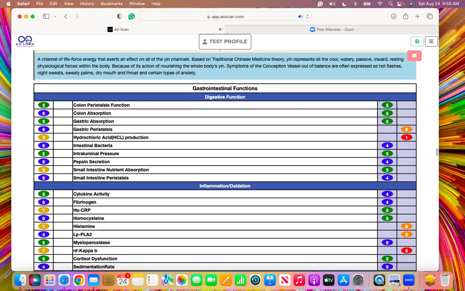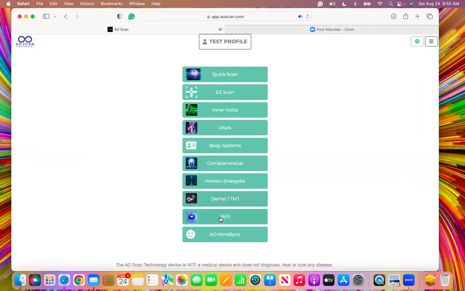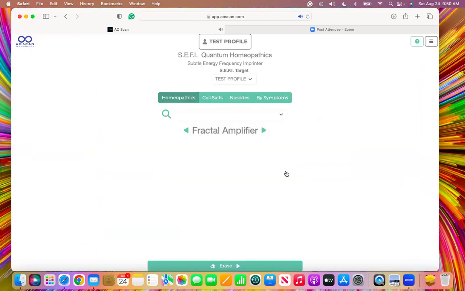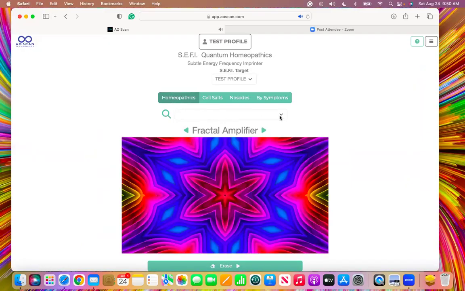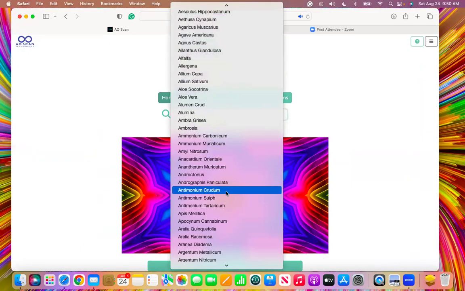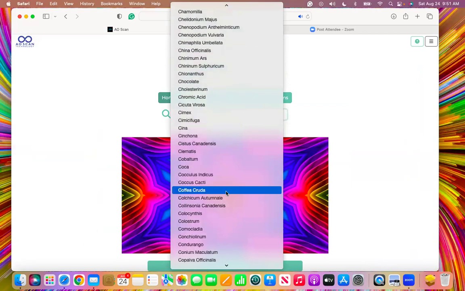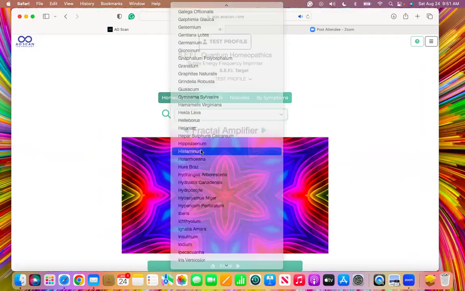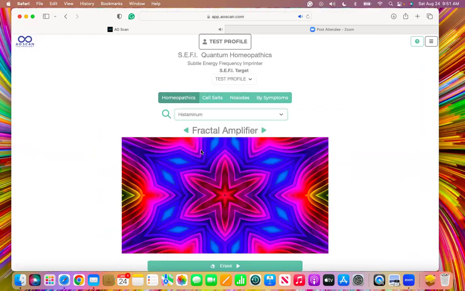If we were coming into some of the homeopathy, we could come into Sephi, go into homeopathics. Here we have homeopathics, and we've got histaminum, which actually works pretty well. Right here, you could simply play that frequency if you wanted to, or you can make a frequency playlist.